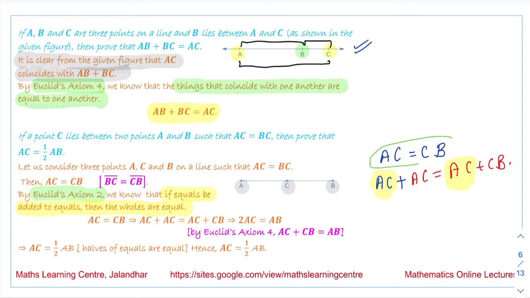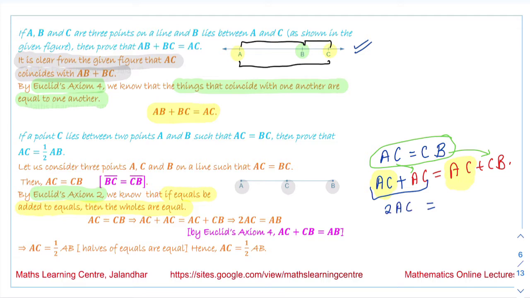These two terms are equal. We have added these values over here, so we get AC plus CB. Now AC plus AC is 2 times AC.